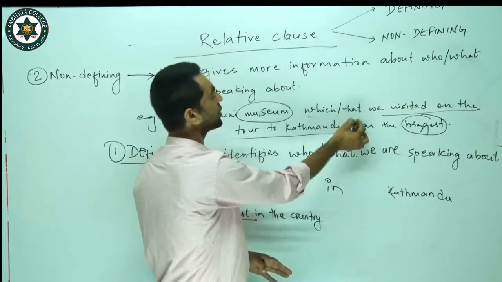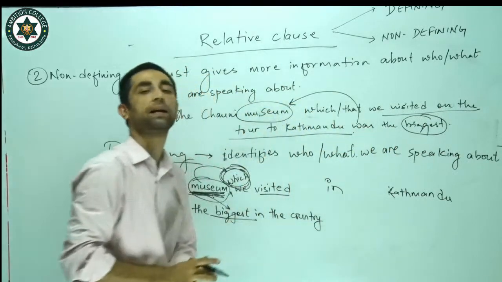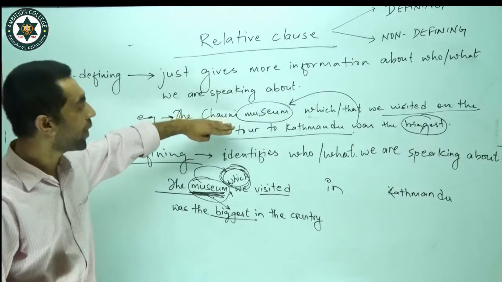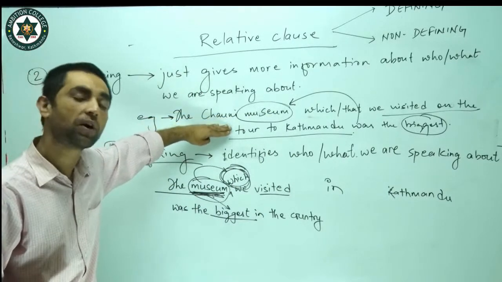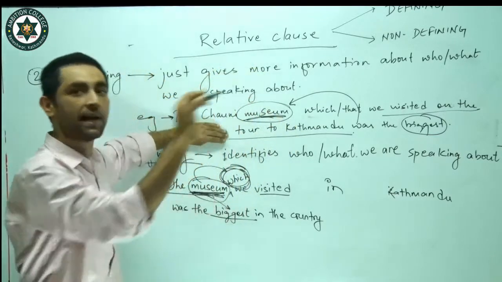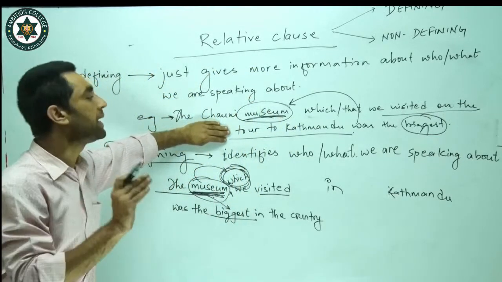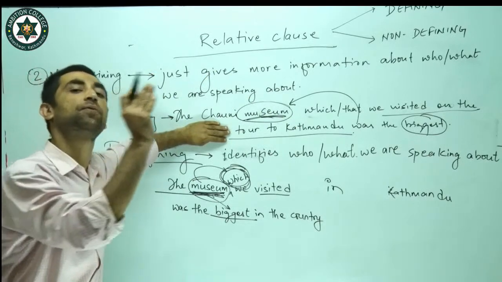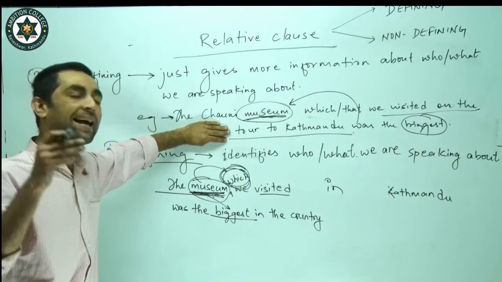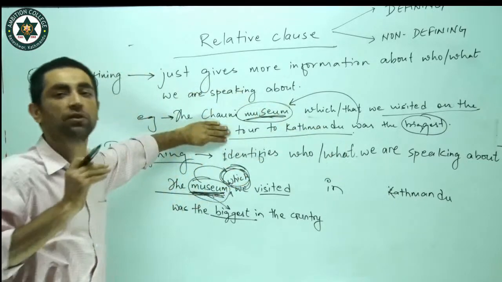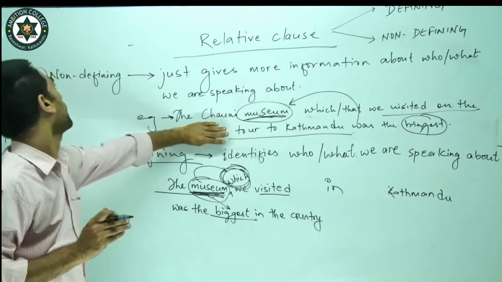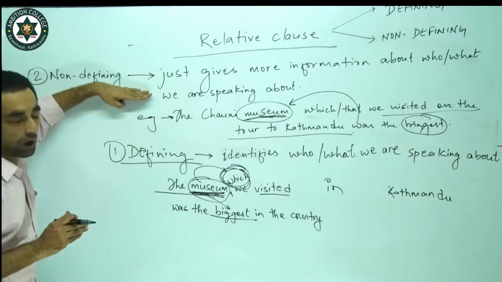This part is not strictly defining the museum. So this type of case where the information about the noun is provided, but it is not defining it, it is not actually directly in connection to that noun, we call it the non-defining relative clause.